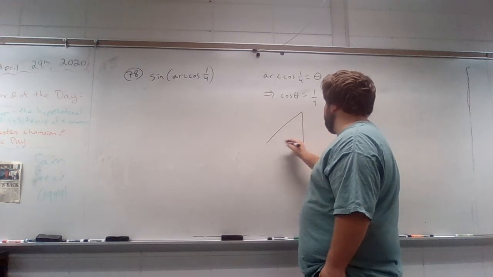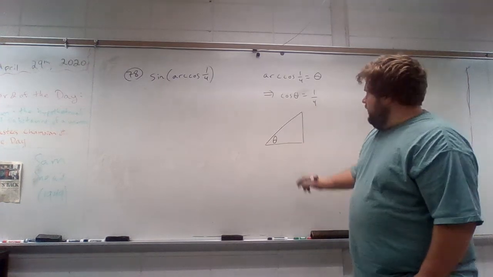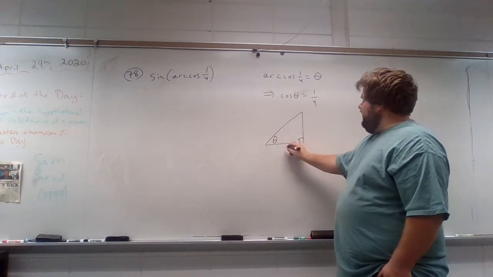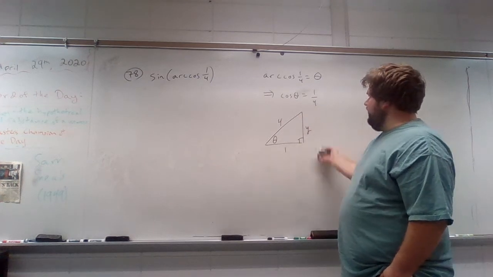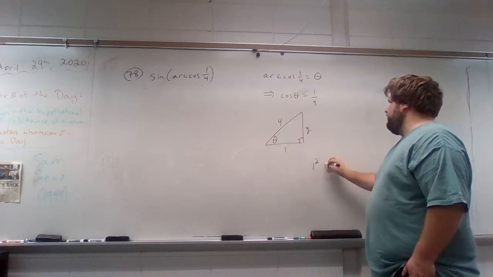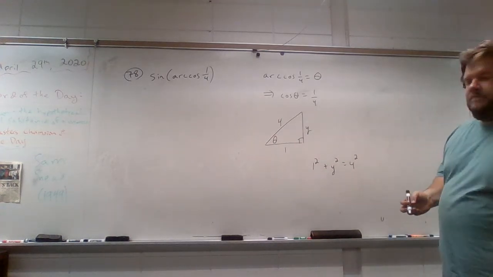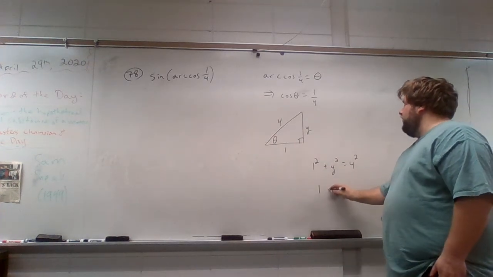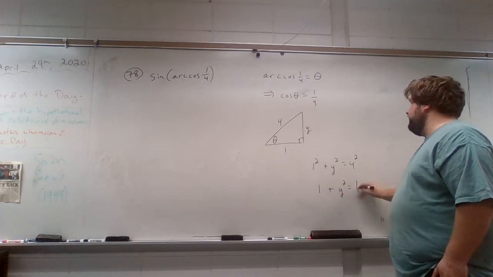So I have this right triangle. This is our angle theta. And cosine is adjacent over hypotenuse. So I go through and find this value. I got 1 squared plus y squared equals 4 squared. And then I've got 1 plus y squared is going to be 16.